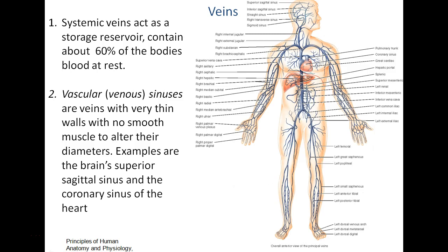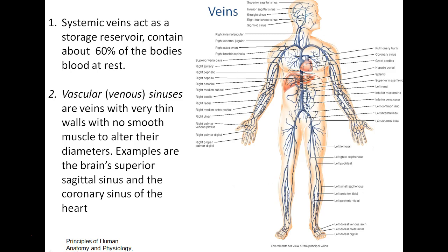Here's a general overview of veins in the human body. As mentioned earlier, systemic veins act as a sort of storage reservoir. We also use the term sinuses when we talk about the venous system. For example, the heart has a coronary sinus. In terms of a blood vessel, a sinus is a vein that has a very thin wall and no smooth muscle to alter its diameter.